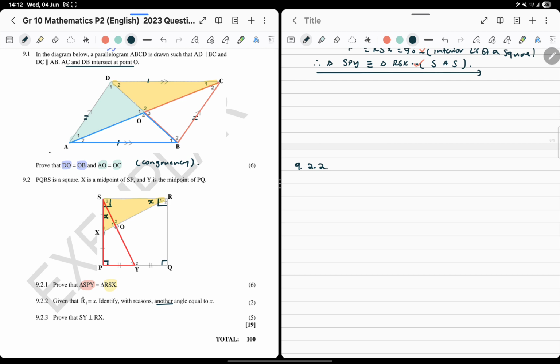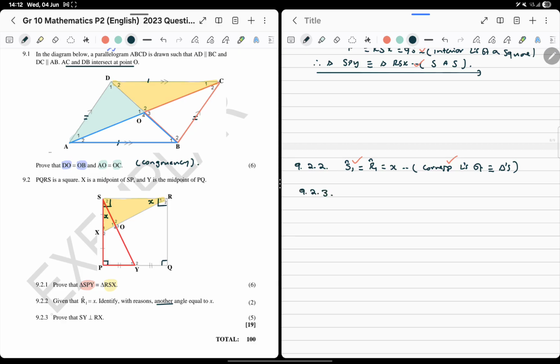So we know that S1 is equal to angle R1 equal to x. These are the corresponding angles of congruent triangles. So identifying the angle and the reason gives us 2 marks.